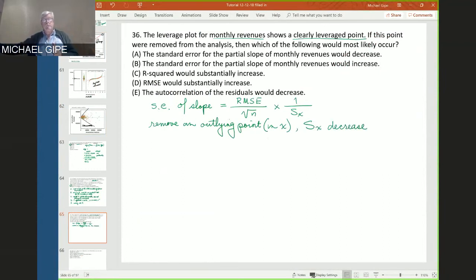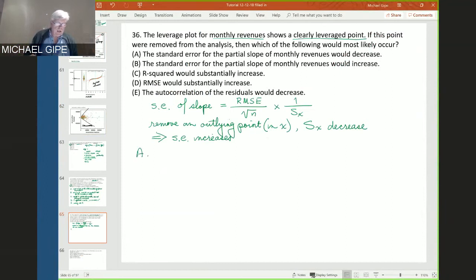Since that one point that's way out is going to add a lot to the range of x. And so because the standard error is proportional to 1 over Sx, standard deviation of x, the standard error increases. So let's see what happens. So B says the standard error for the partial slope would increase, and that's what we figured out.